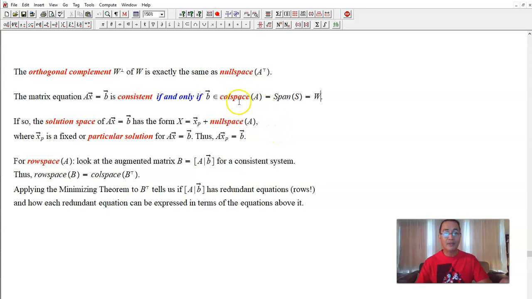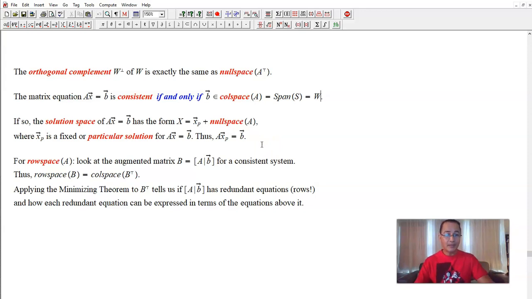Okay, so we have the column space and the null space of A, the original matrix A, not the transpose, together in the column space test for consistency. Who is this XP? It's a particular or a fixed solution to AX equals B. It basically means that A times XP has to be B.